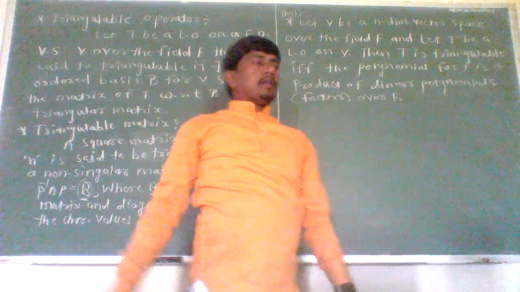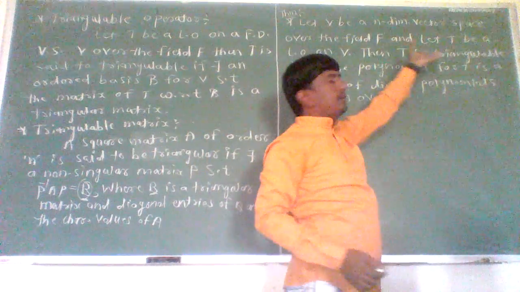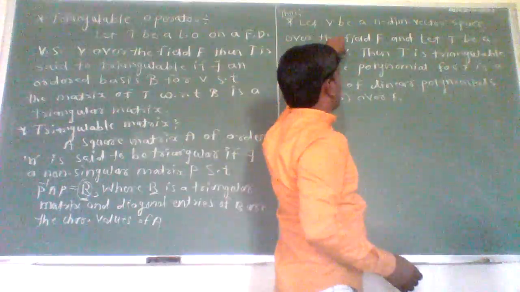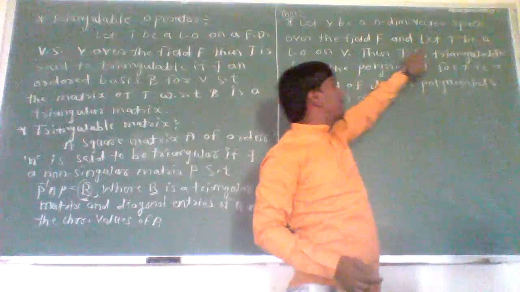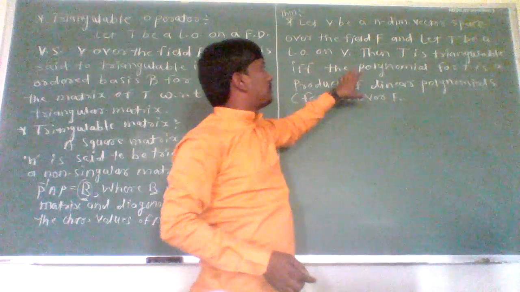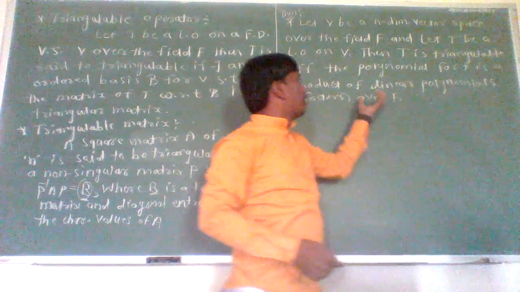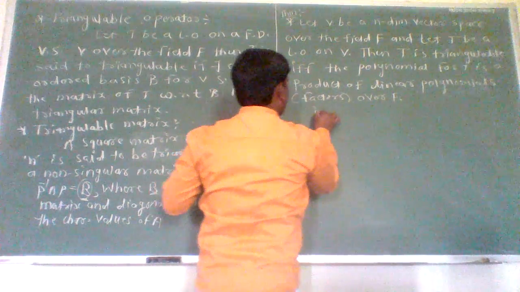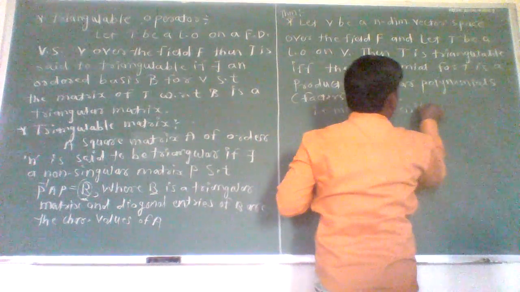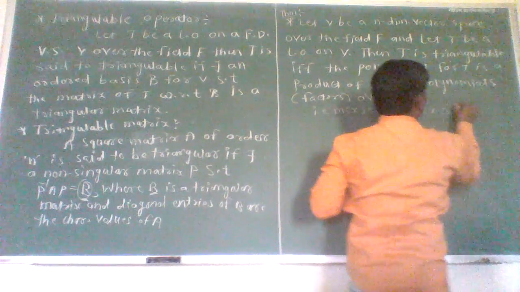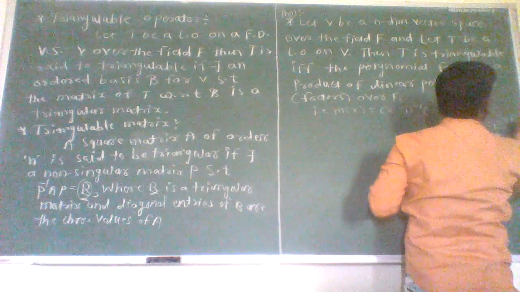Given that V is an n-dimensional vector space over the field F and T is a linear operator defined on V, we have to prove that the linear operator T is triangulable if and only if the minimal polynomial p(x) for T is a product of linear factors over the field F. That is, p(x) has the form (x minus c1) to the power r1, (x minus c2) to the power r2, and so on up to (x minus ck) to the power rk.